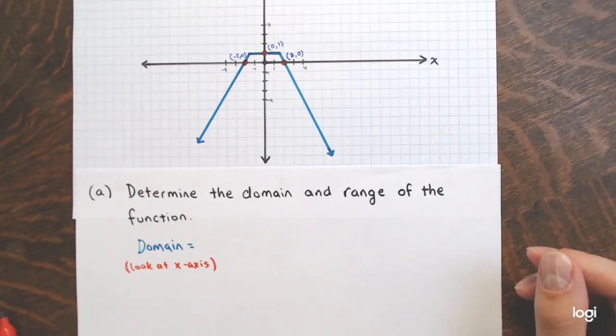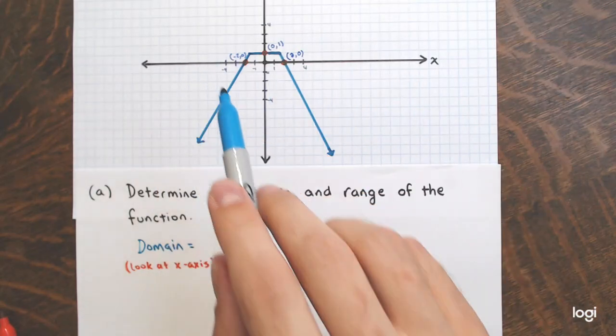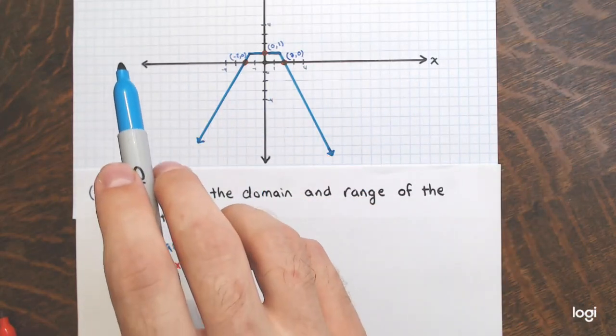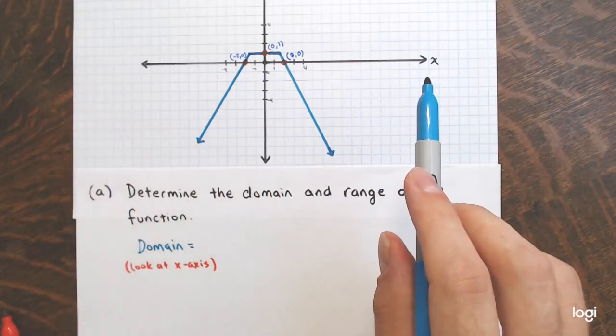All the inputs, all the values of the independent variable that make up the domain. So look at the x-axis and go low to high. I always like to go low to high. So for the x-axis, that's low numbers to high numbers, left to right.